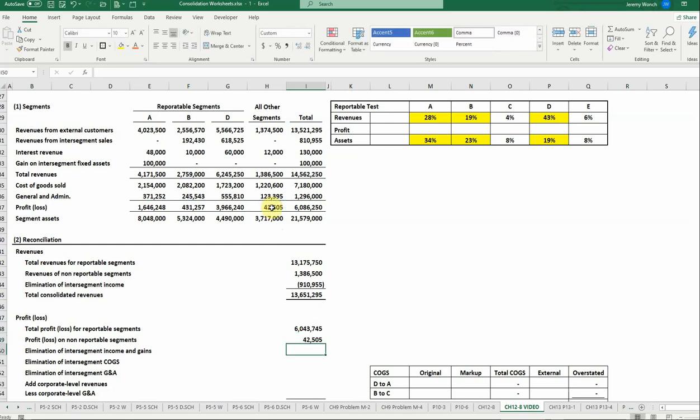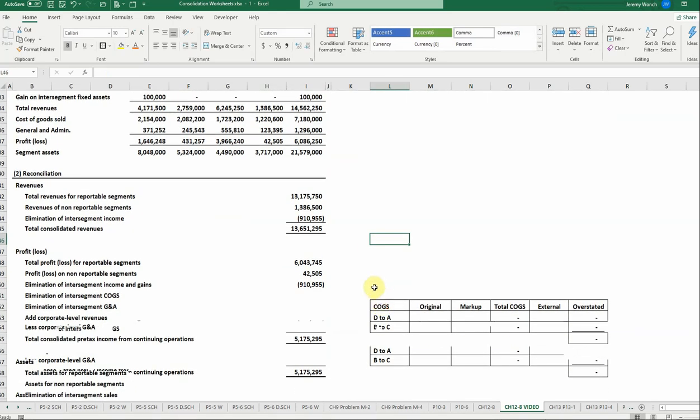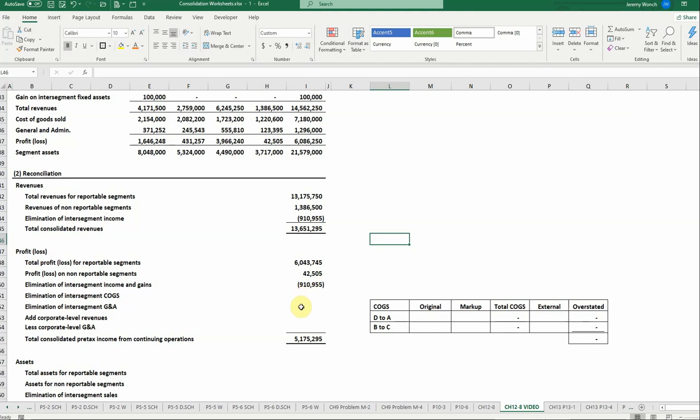Then we want to eliminate our inter-segment income, which we already calculated right here. And so that's the intercompany income. Now we want to eliminate the intercompany expenses. And so that's going to be intercompany cost of goods sold and intercompany G&A.